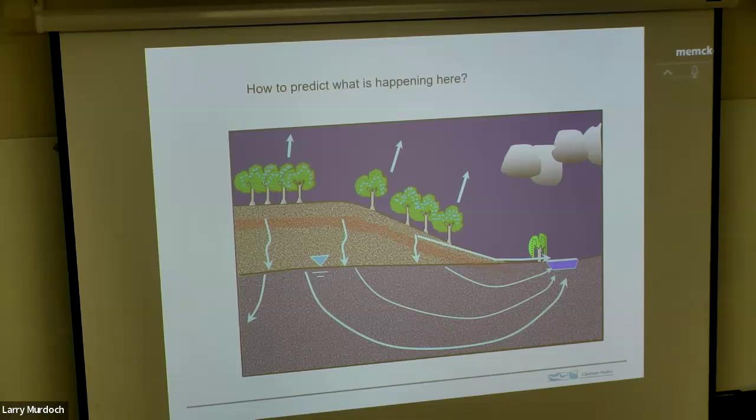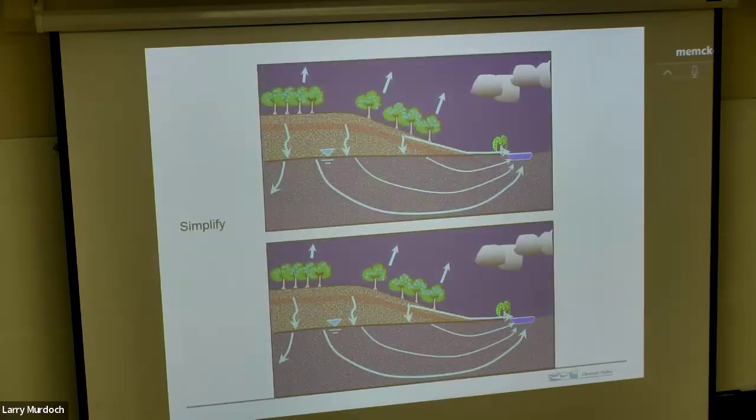Ultimately, we can then build it up to be fairly complex. So one of the things we can do to simplify this is realize that when I drew this, I used vertical exaggeration because I wanted to show what's going on here, but really from the groundwater divide to the stream is about 500 meters, and the thickness of the saturated zone might be 10 meters.